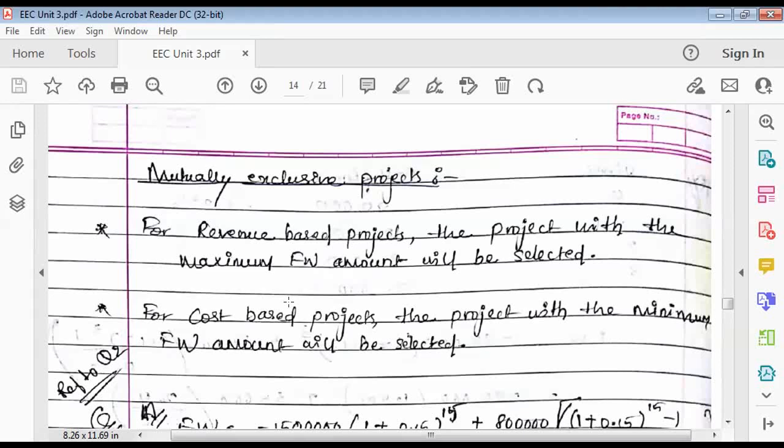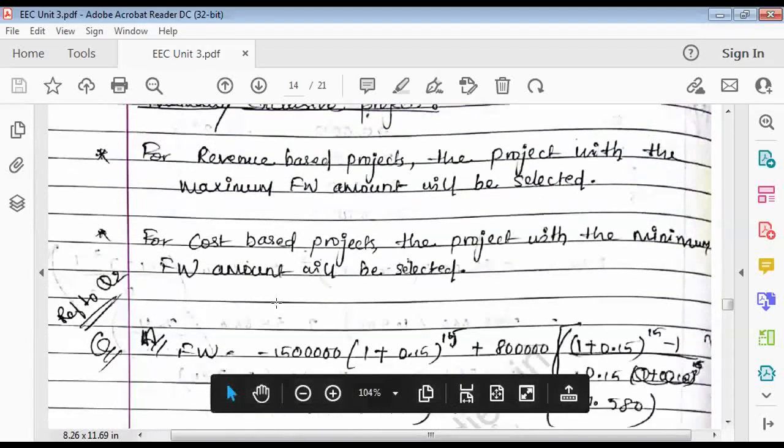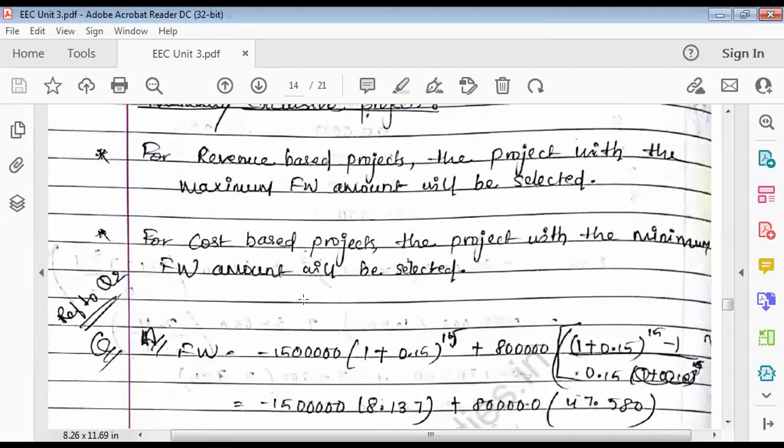That is, the project with the maximum FW amount should be selected if it is revenue based. And if it is cost based, the project with the minimum FW amount should be selected. So same decision rule, only difference is here we are saying FW, not NPW. Correct.